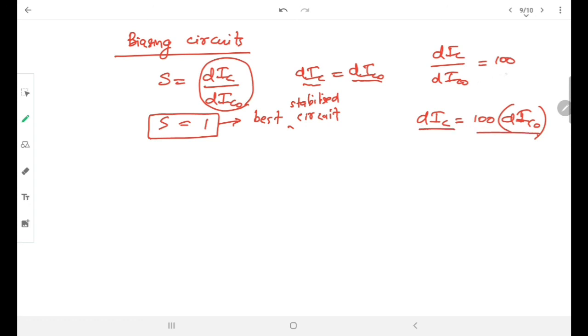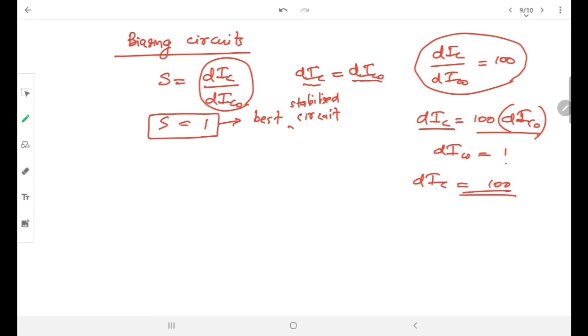I think you now understand the significance of stability factor. If change in ICO is 1, then change in IC is equal to 100. So this means that IC is changing 100 times. So it is a very unstabilized circuit.